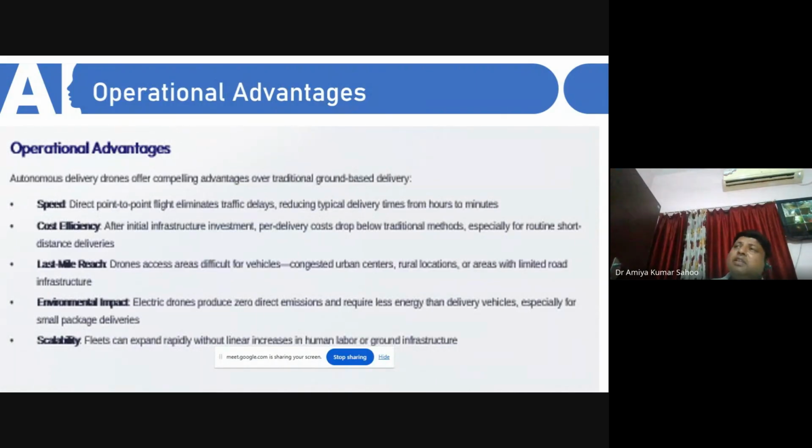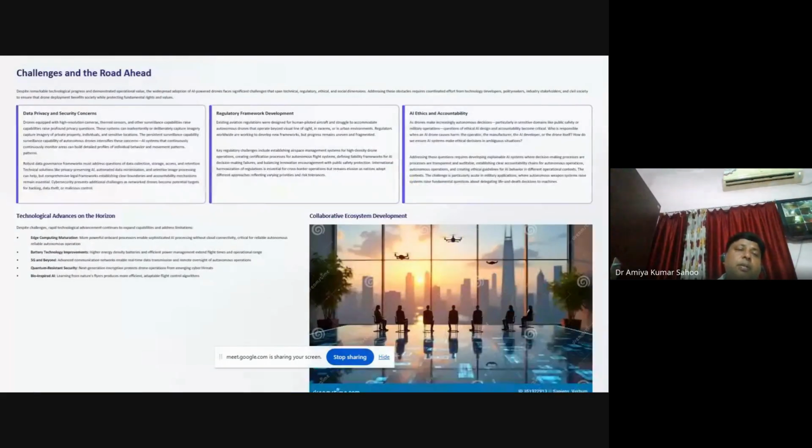The operational advantages are judged by taking different parameters like speed, cost efficiency, environmental scale and scalability. We are finding it is most suitable compared to others. These are the operational advantages.